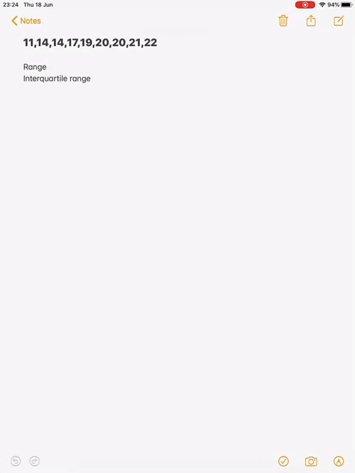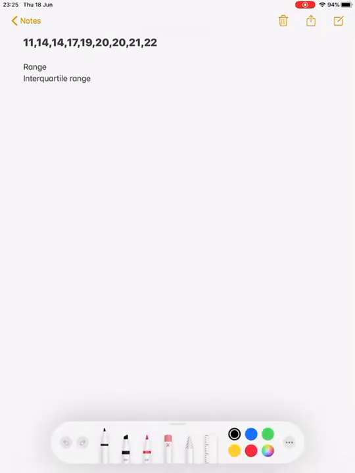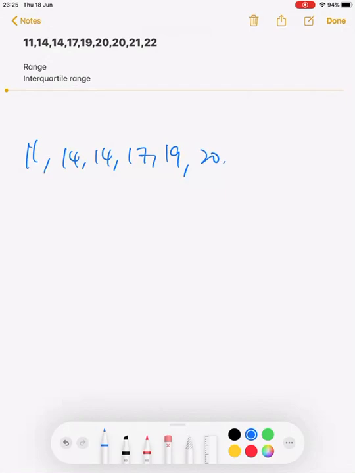If you have data which are not in order, you must first arrange the data. It can be ascending or descending, it doesn't matter. The one in the middle is number 5. 1, 2, 3, 4, 5. So here is the median.